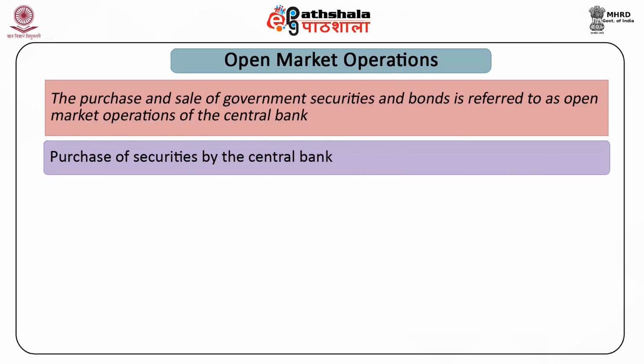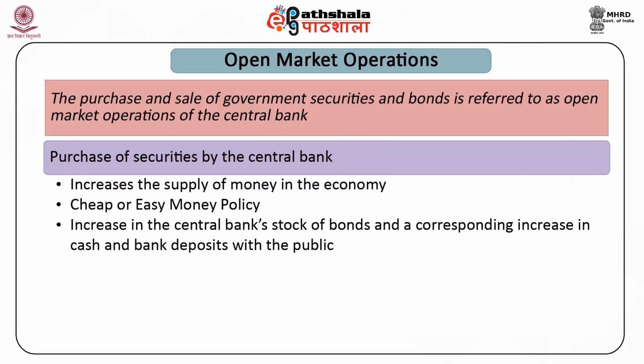Purchase of securities by the central bank increases the supply of money in the economy. This is referred to as cheap or easy money policy, which involves an increase in the central bank's stock of bonds and a corresponding increase in cash and bank deposits with the public.